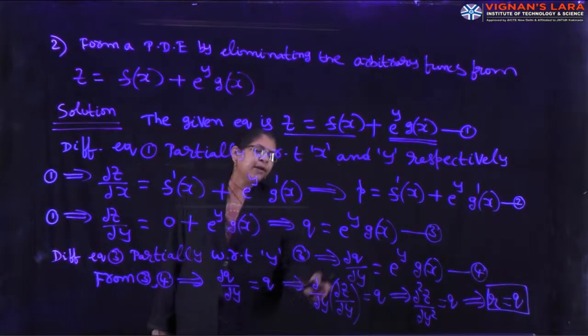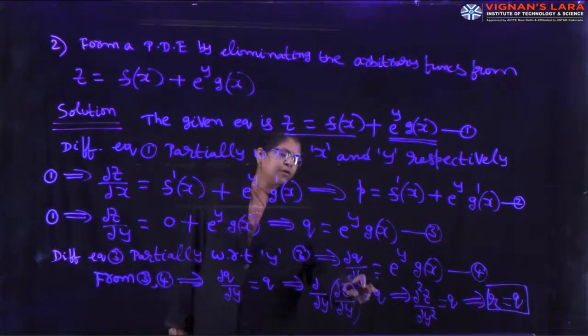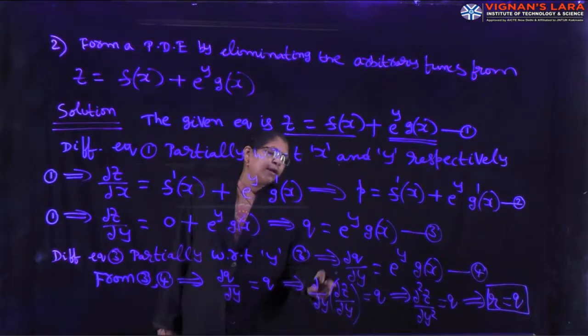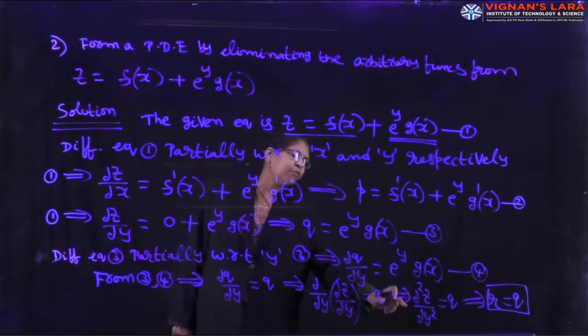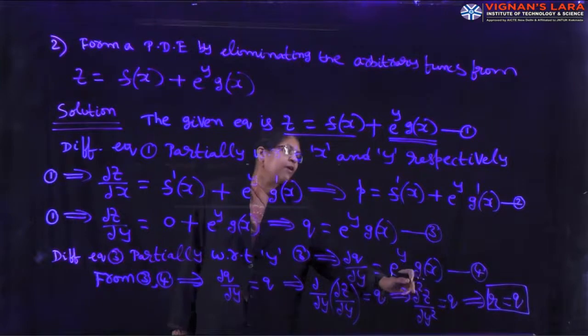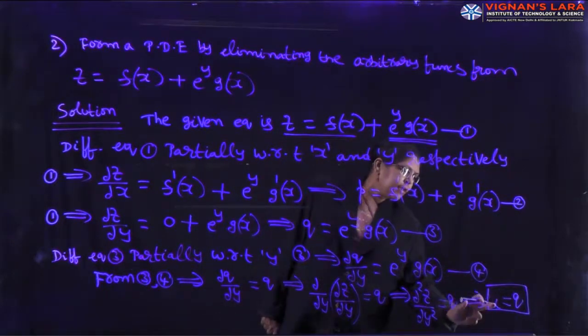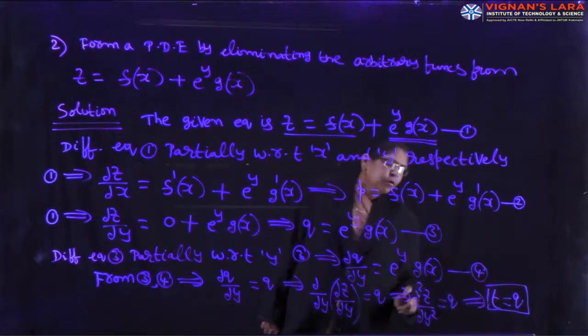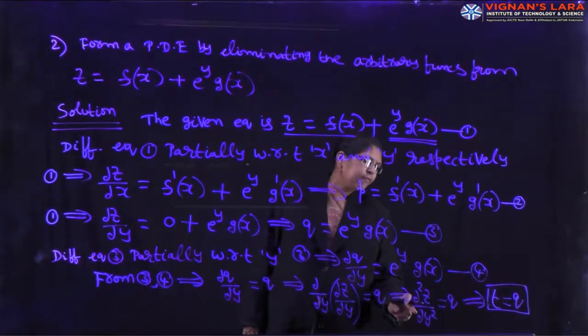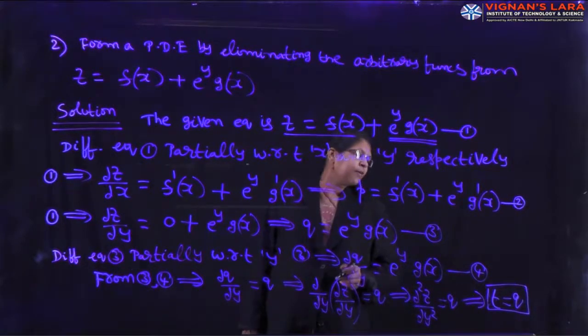So dou by dou y of dou z by dou y equal to q, which is dou square z by dou y square equal to q. Sorry, dou square z by dou y square is nothing but t. It is not r. So t equal to q, which is the required partial differential equation.